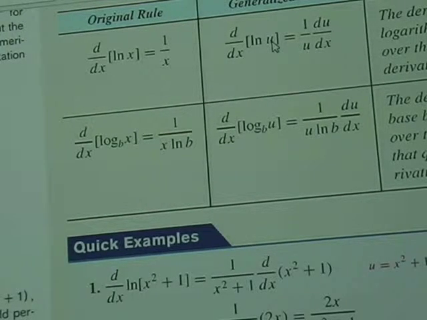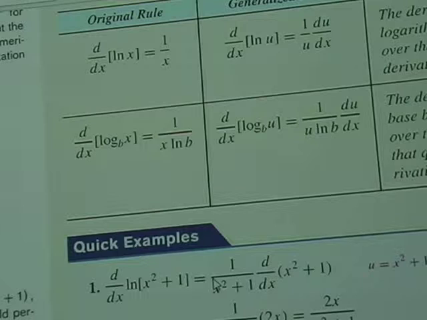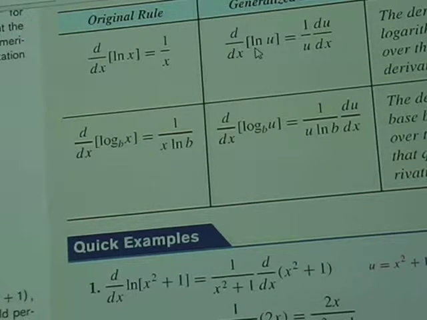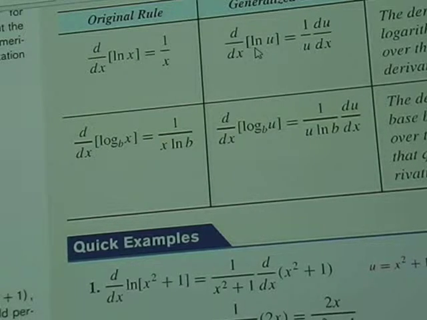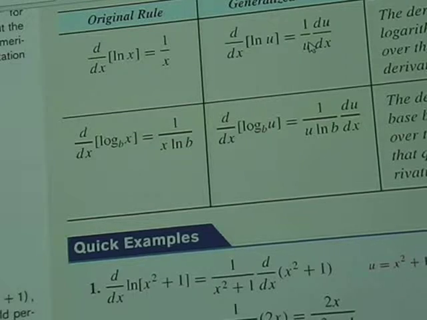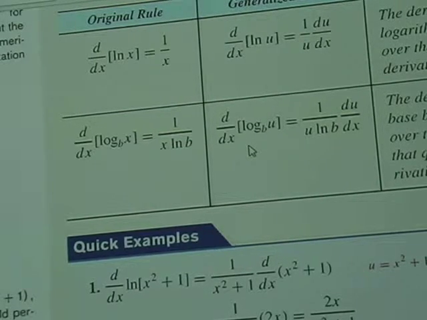All right? And this is just a specific example of it. So this is not exactly the chain rule because this is not completely general. This is just for the ln rule. It's the chain rule applied to ln only, right? But the chain rule is more general than this. Okay? And this is also the same kind of thing.